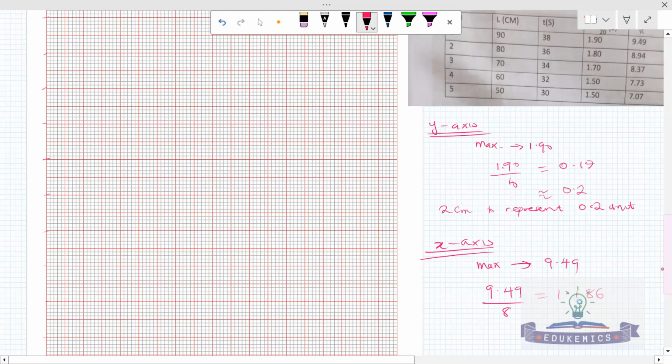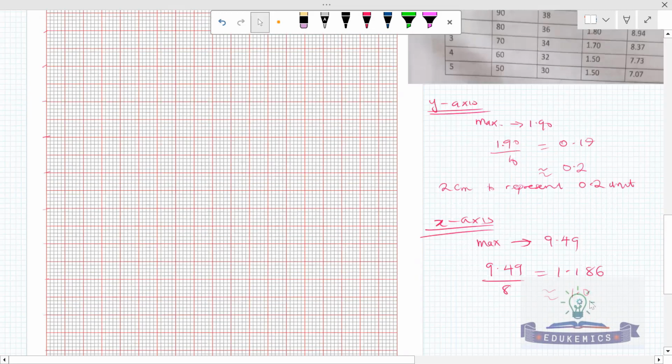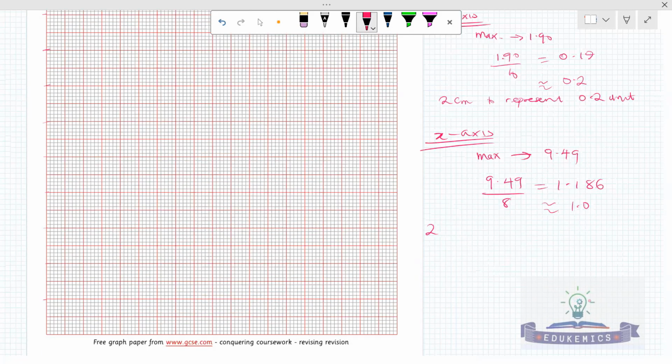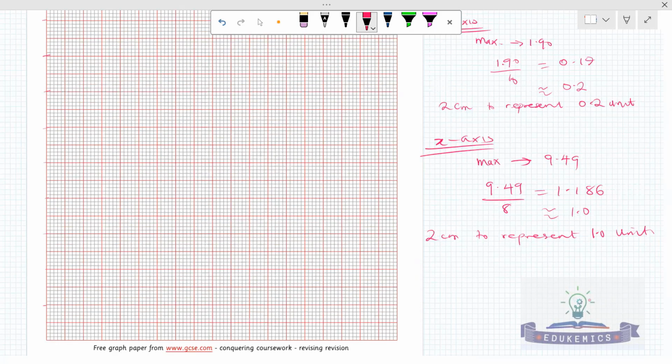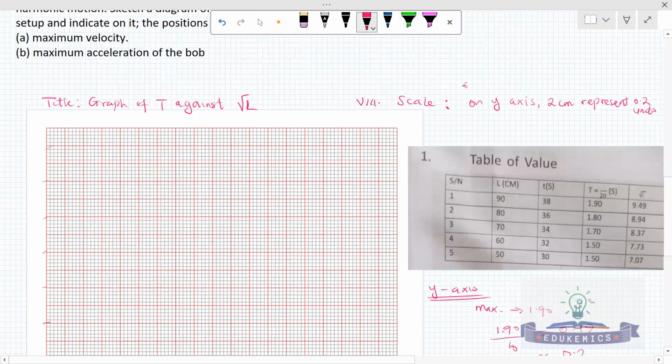We can approximate it to 1.0. So we can say 2 centimeter represents 1.0 unit. So I'm coming back to my scale on the x-axis.